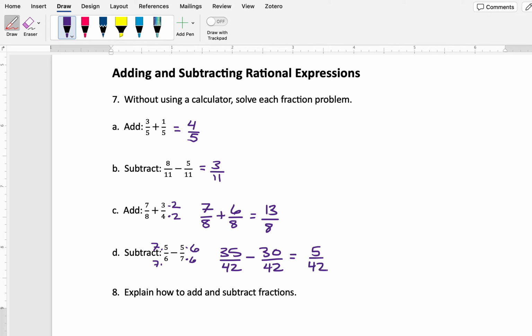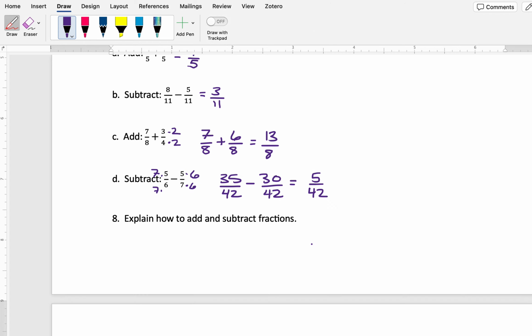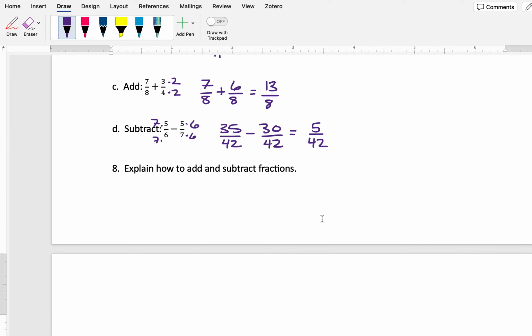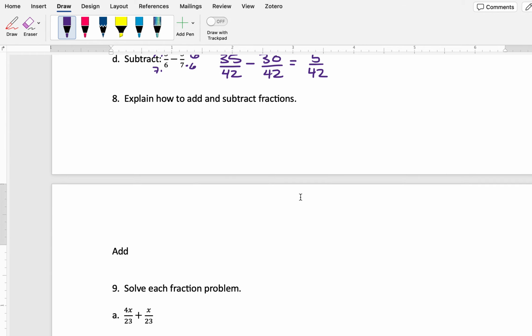So to explain how to add and subtract fractions: you must have the same denominator.